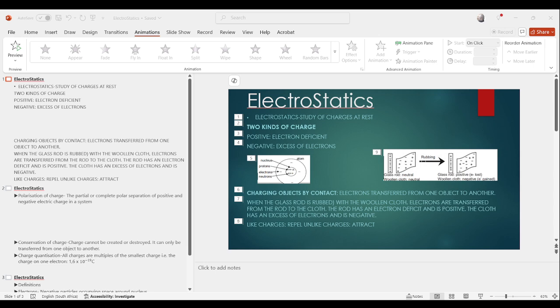Neutrons are neutral particles in an atomic nuclei. Protons are positively charged particles in an atomic nuclei. Now, there's another term, triboelectric charging.